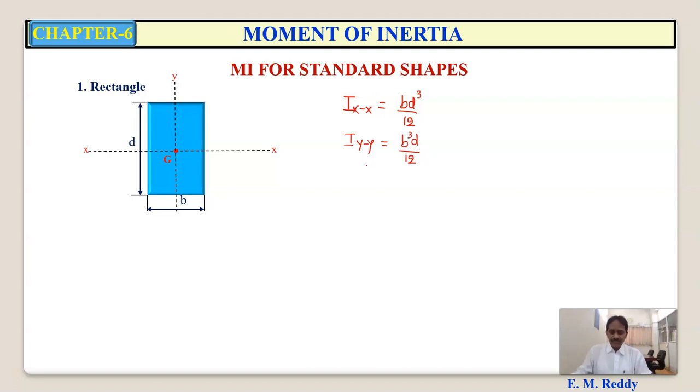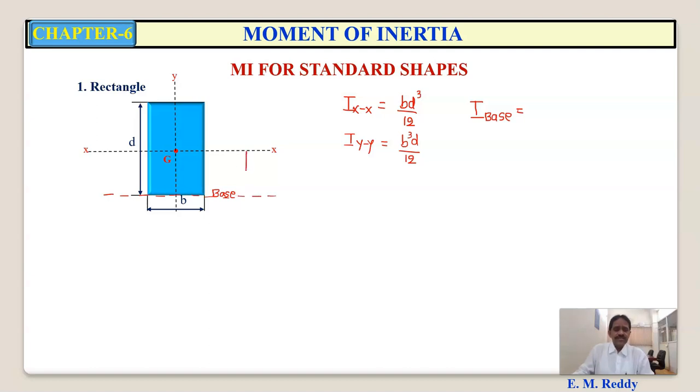Suppose you want to calculate the moment of inertia of this rectangular section about the base of the rectangular section. So, moment of inertia about the base of the rectangular section. Here we have to use the parallel axis theorem. That means I want to calculate the moment of inertia about this axis, which is parallel to the x-axis.